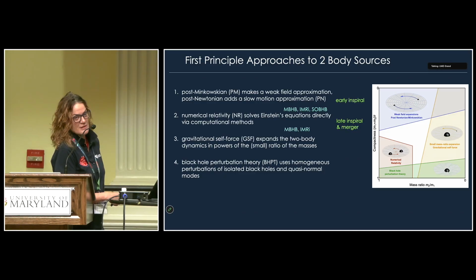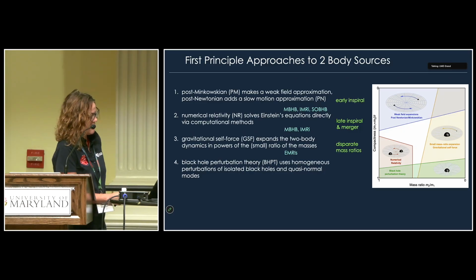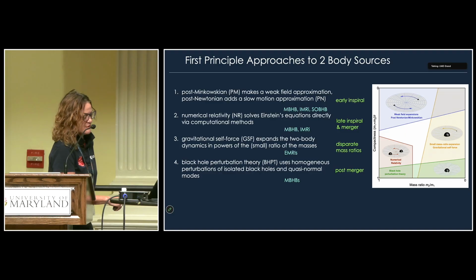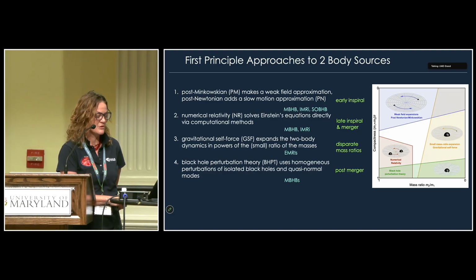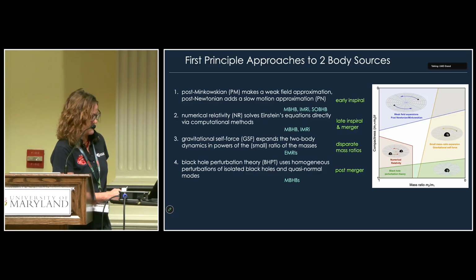Numerical relativity comes in when we have the late in-spiral and merger in play. Self-force would be for our EMRIs, the extreme mass ratio in-spirals. They're one of the beautiful signals that LISA will finally give us. And black hole perturbation theory is mostly post-merger. So you can see how all of these approaches predict pieces of the waveforms that we need in hand to do the LISA science.